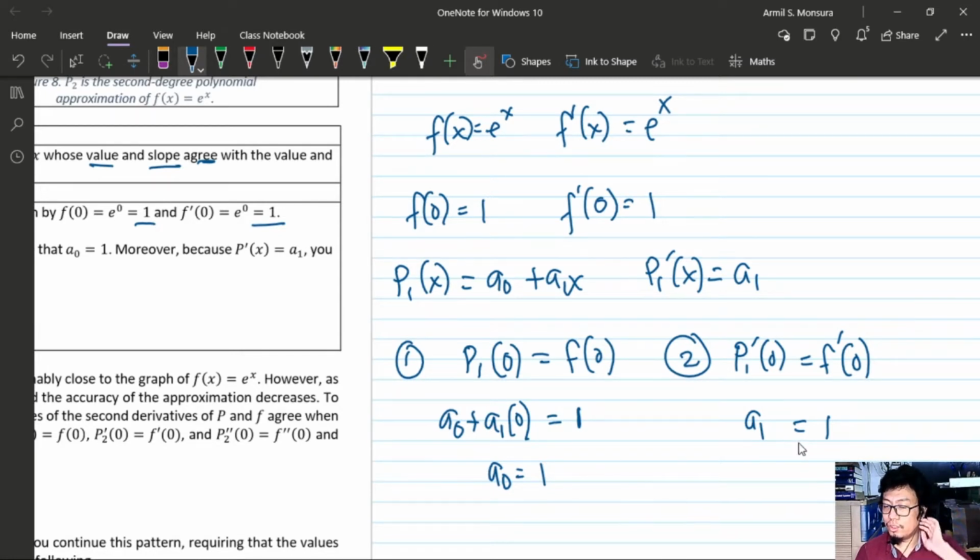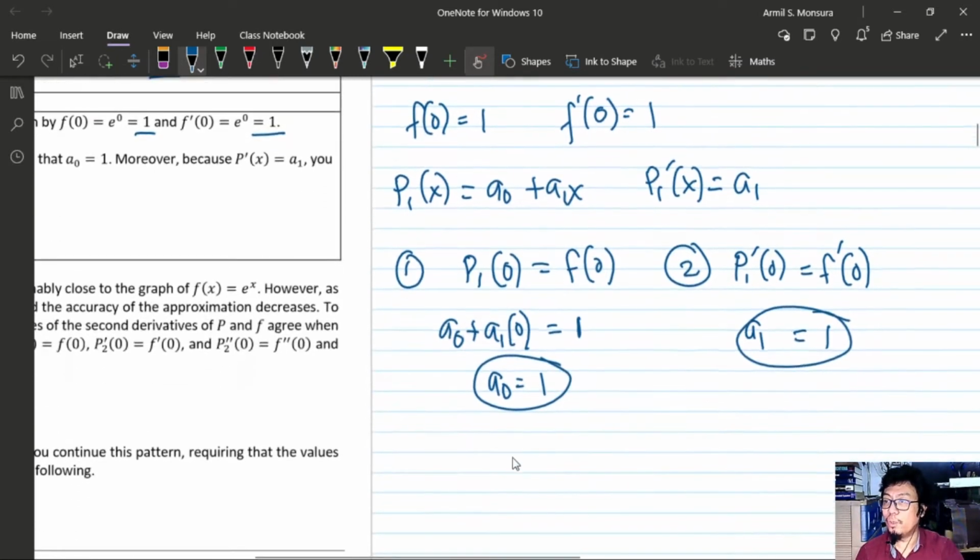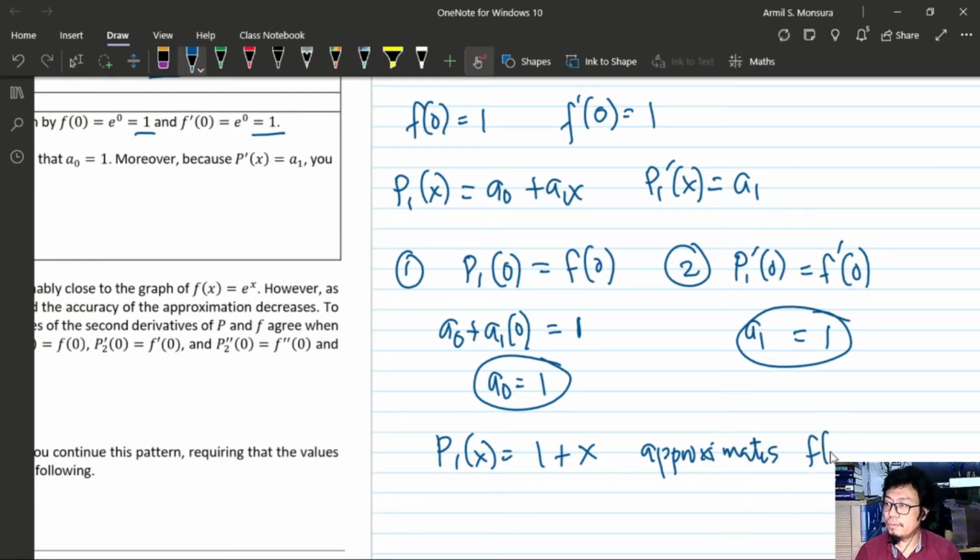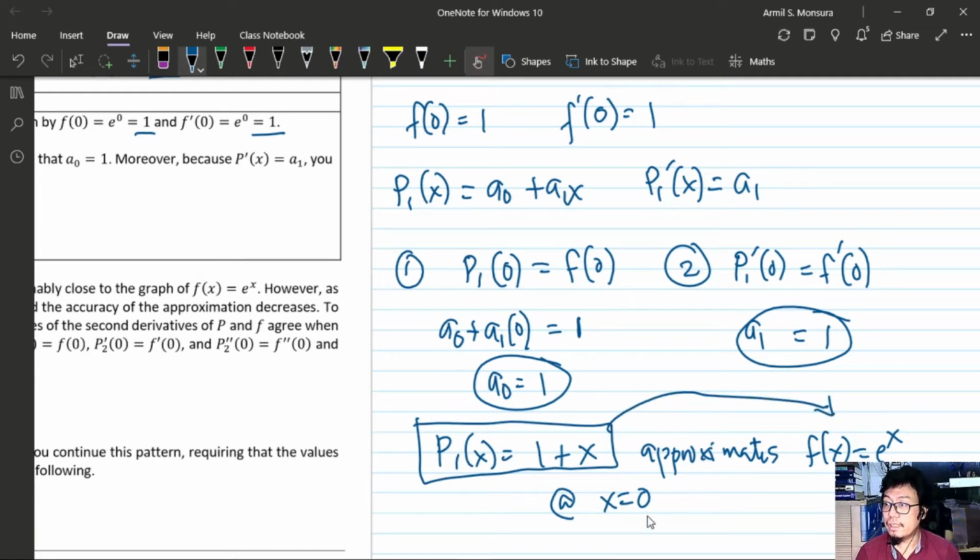Using those values that we have obtained, we have an approximating polynomial p1 of x as 1 plus x. So 1 plus x approximates f of x equals e raised to x at x equals 0. That's the idea: we would like to find an approximating polynomial for our given function at a certain point.